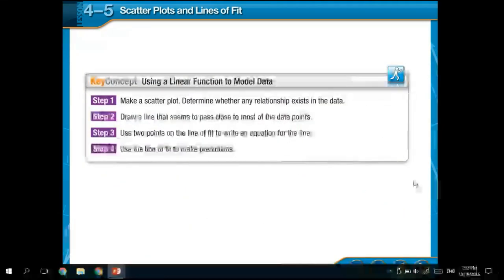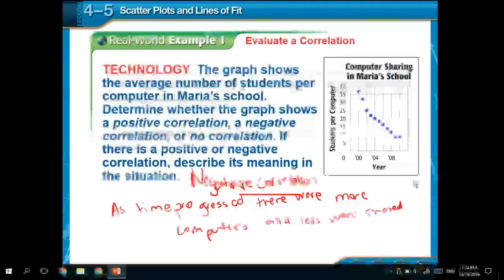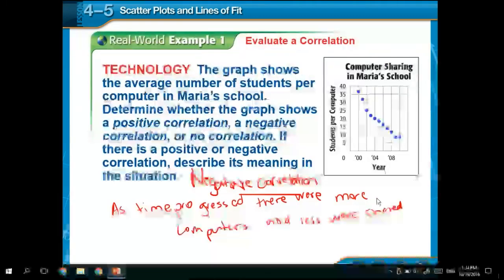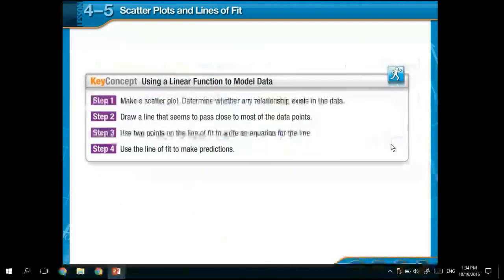A key concept: using a linear function to model data. If we have a bunch of data, like all of these dots here that are telling us something, we want to be able to interpret that and use it for making predictions. The first thing you do is make a scatter plot and determine if there's any relationship.